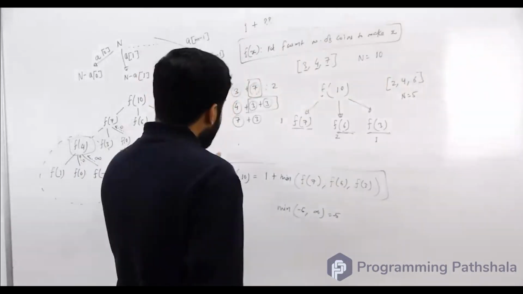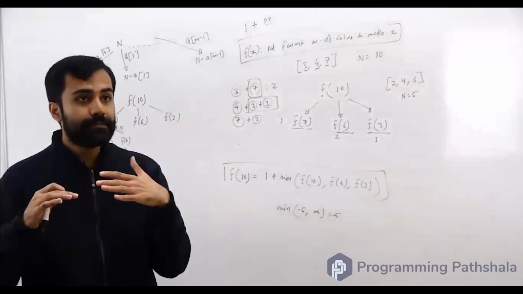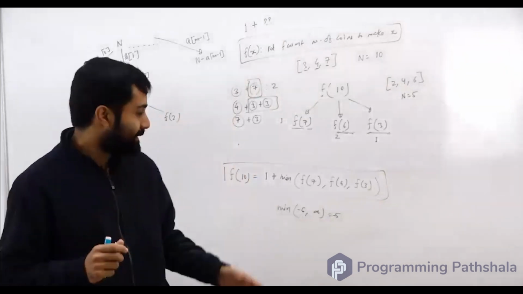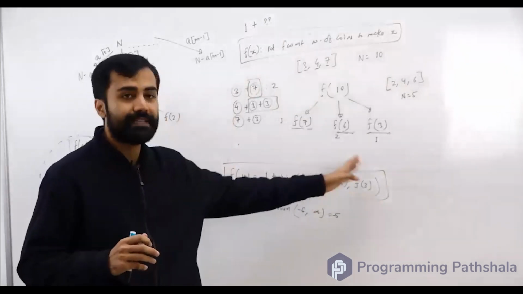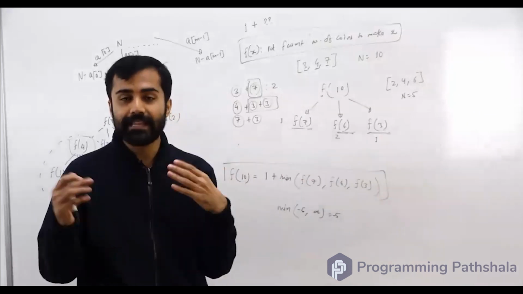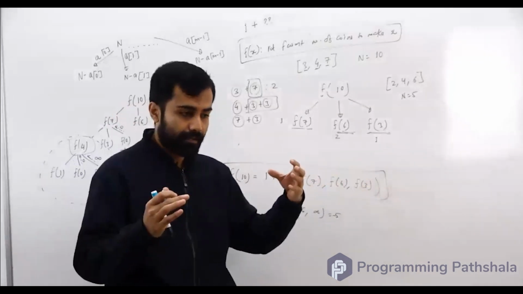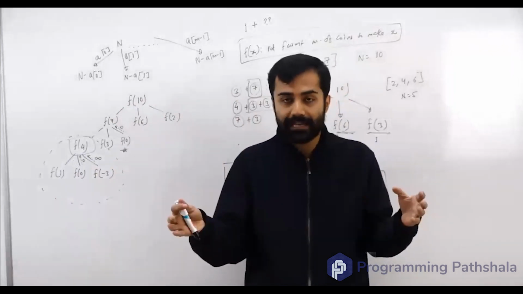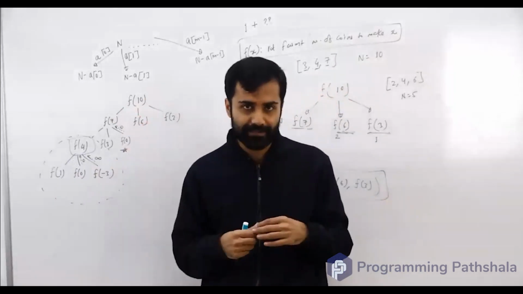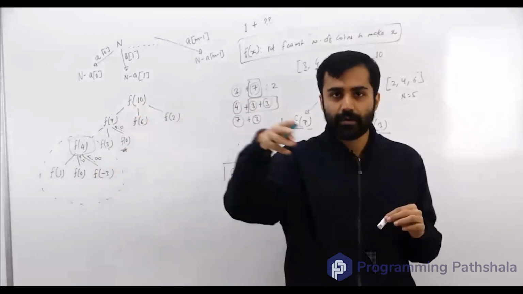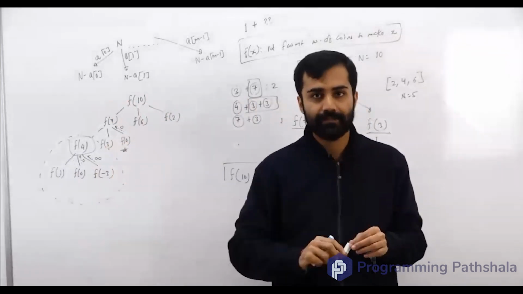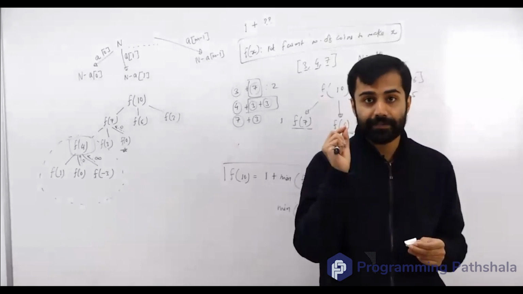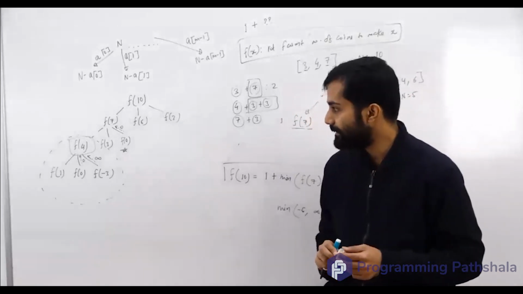Certain times you might write a relationship which says 1 plus max of something, something, something. If you end up on an impossible state, and you are taking max, maybe you can return minus infinite, because max of x comma minus infinite will always be x, correct? So this is another trick that I want you guys to understand.